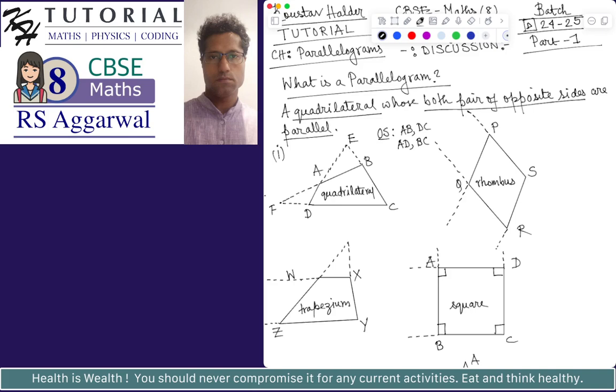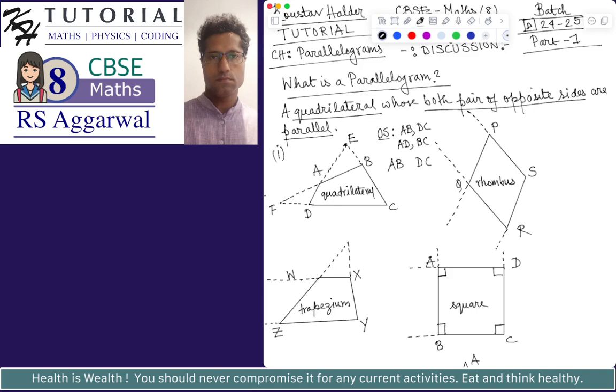Now clearly the dotted lines say that the pair of opposite sides AD and BC, when they are extended, meet at the point E. So definitely AD and BC are not parallel.